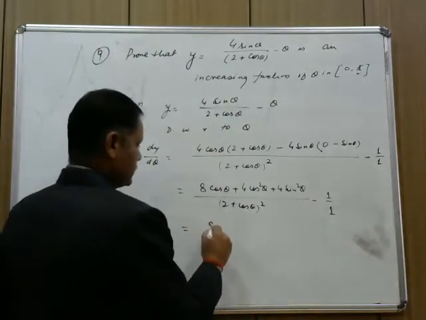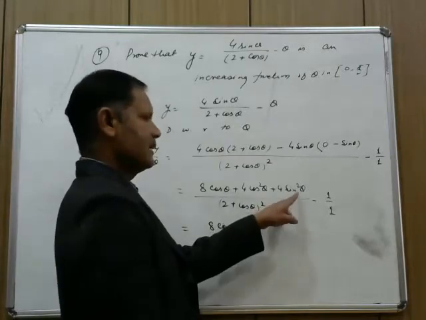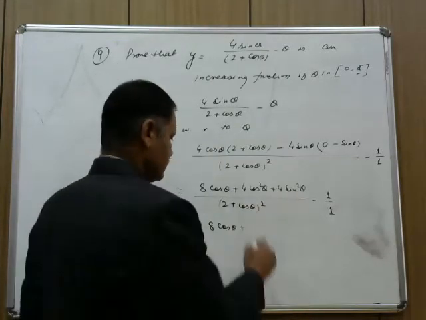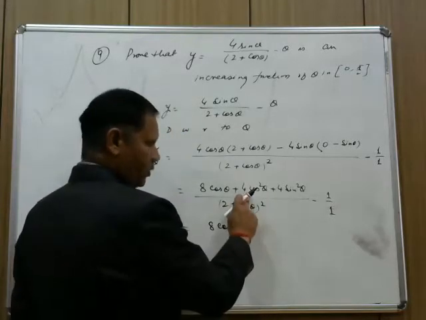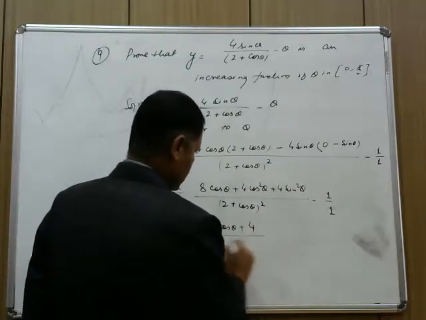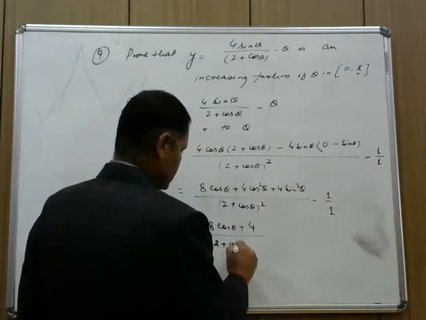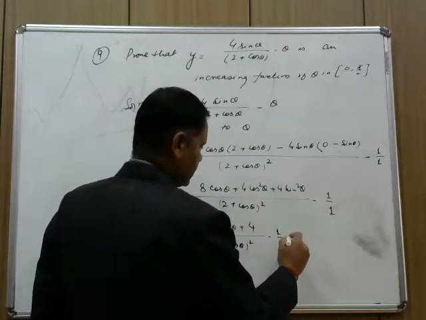Now 8 cos theta plus 4 common, sin square theta plus cos square theta is equal to 1. That is simply 8 cos theta plus 4 will have 4 common, cos square theta plus sin square theta is equal to 1, upon 2 plus cos theta whole square, minus 1. Now take the LCM.